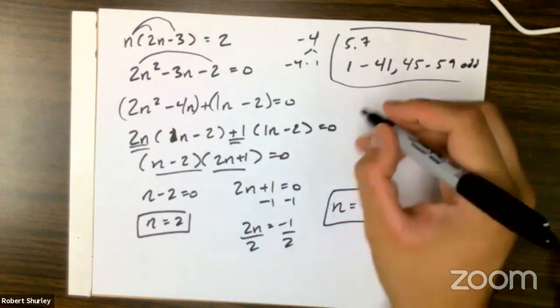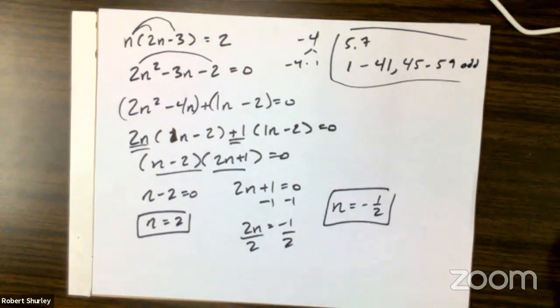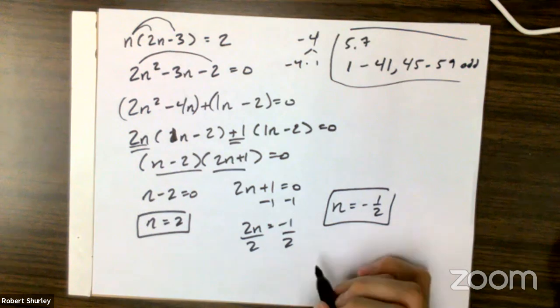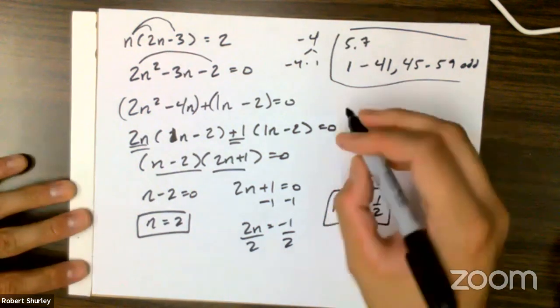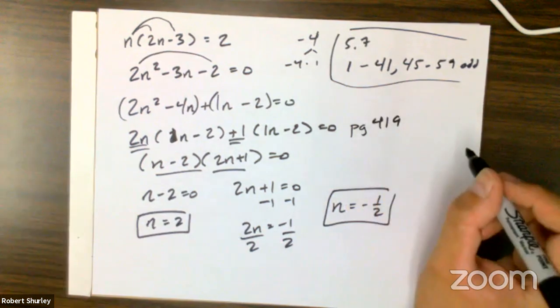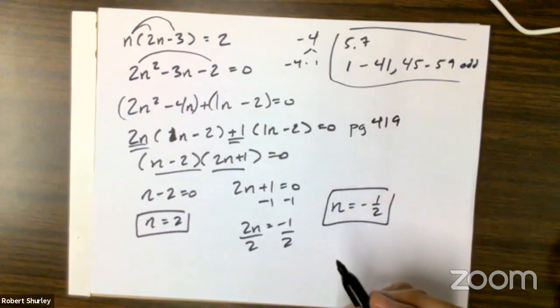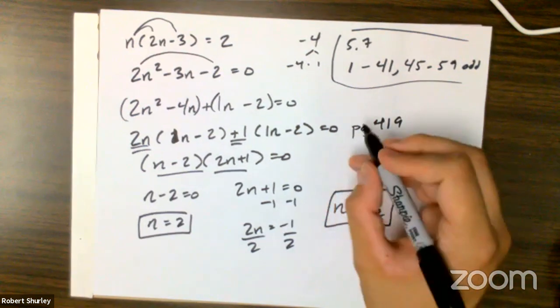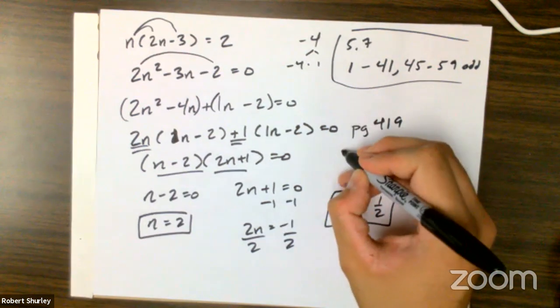We've gone over 5.4, 5.5, 5.6, and 5.7 now. If I was going to study for this test, I would look at page 419 and do the questions from 5.4, which starts with number 51.